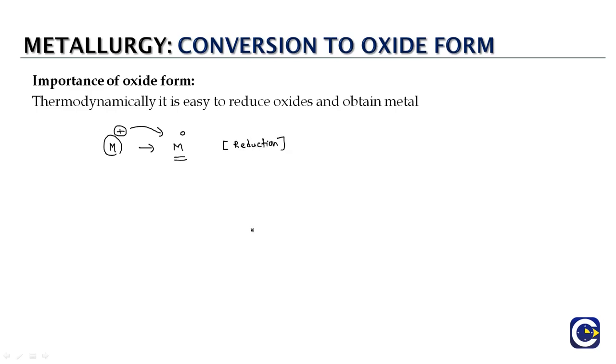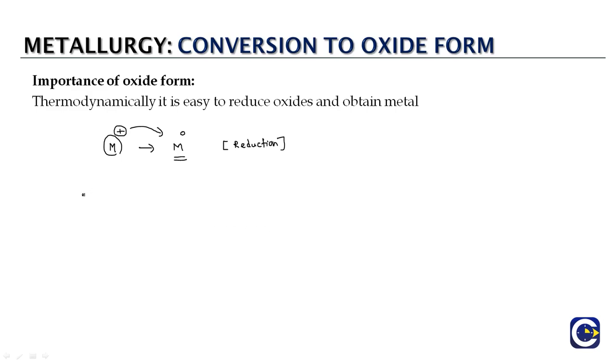So while we generally say reduction is a removal of oxygen, broadly speaking, whenever we look at any metal compound, the metal will be in a positive oxidation state, and in the metal form it will have a 0 oxidation state. So the decrease in oxidation number is what we call reduction, and hence getting the metal from the respective ore will involve a reduction step.